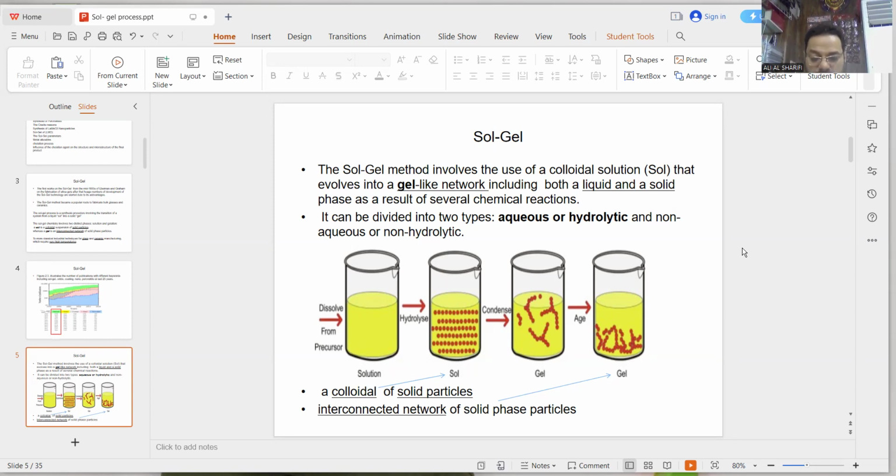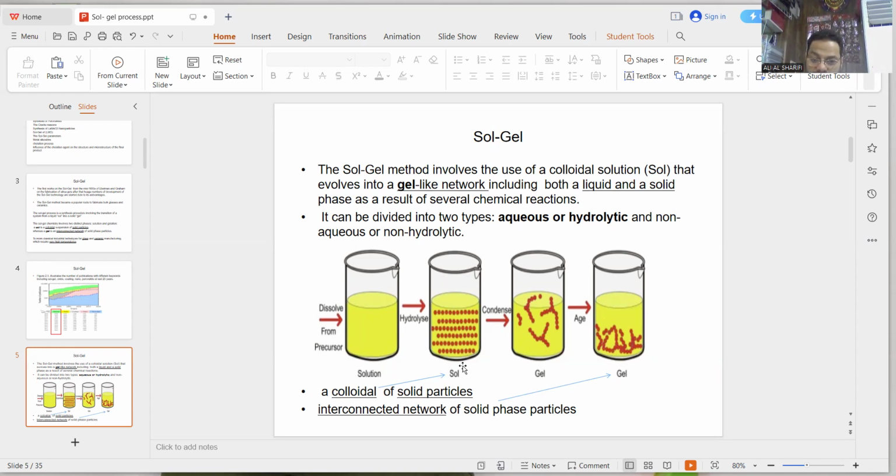After that, hydrolysis, the reaction between solvents and precursors, happens, and condensation starts to convert from sol to gel, from a colloidal solid to a three-dimensional liquid and solid phase to be a gel. After the aging process, we will achieve the 3D network gel, okay?